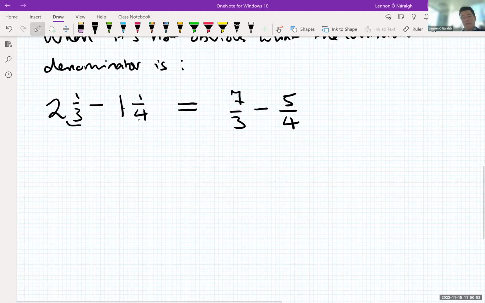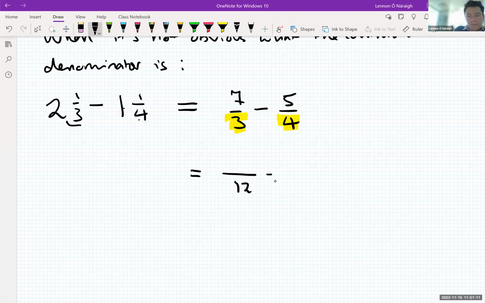So if it's not obvious what the common denominator is here, well, a guarantee is that the common denominator will always be the product of the two individual denominators. So 3 times 4 is 12. But now that I've changed the downstairs, I have to change the upstairs.